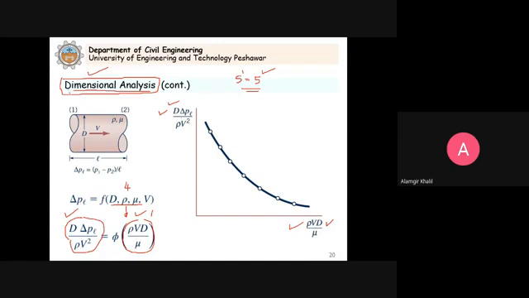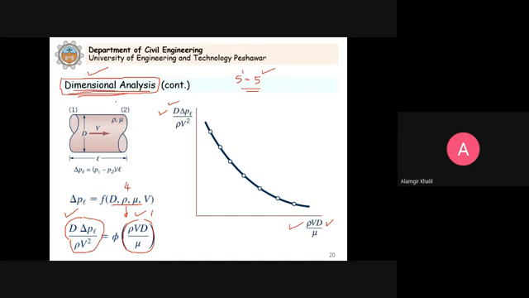This is what we actually do in dimension analysis. How we do it is another story. We have different methods to do it, but this is the importance of this topic that we need to study.